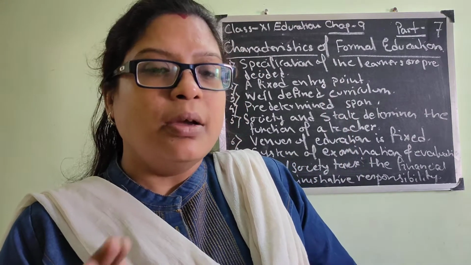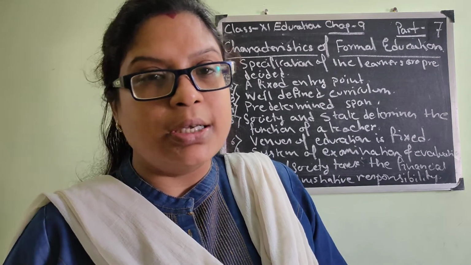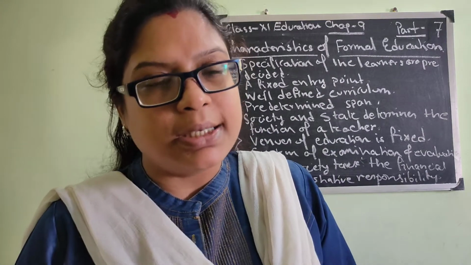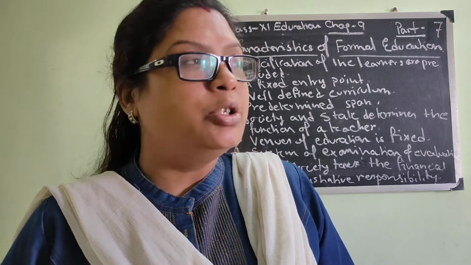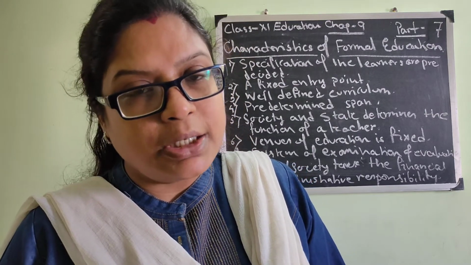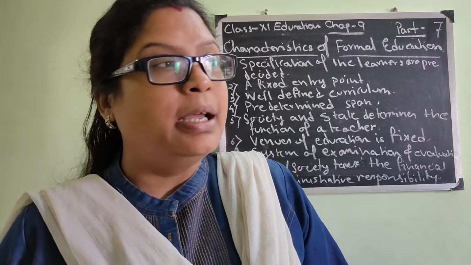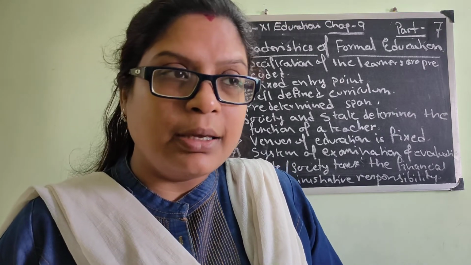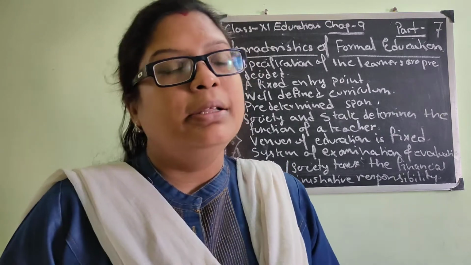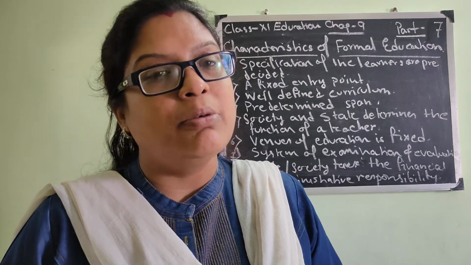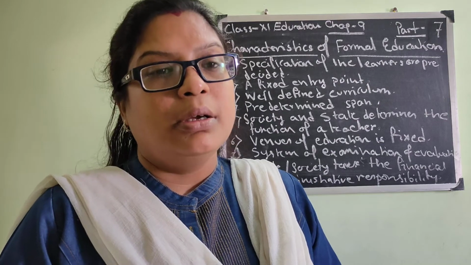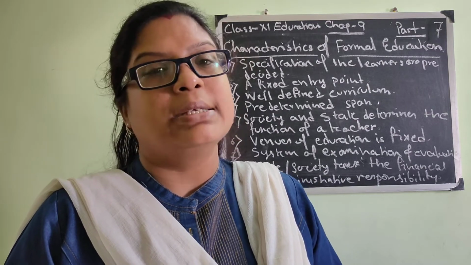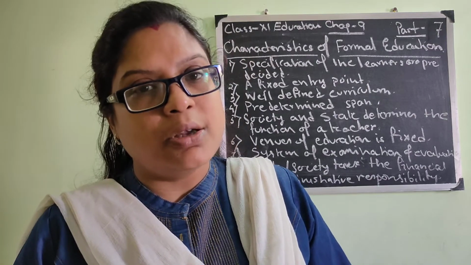Because if at 2.5 years the child is in nursery 1, then at 3.5 years the child will go to the nursery 2 class, and like that in class 1 the age will be near about 6. So the span of a class or the standard is also fixed.